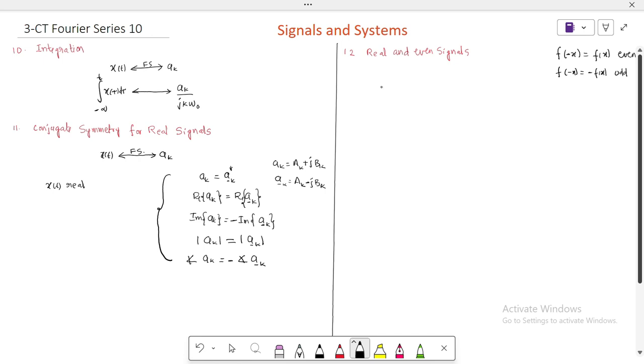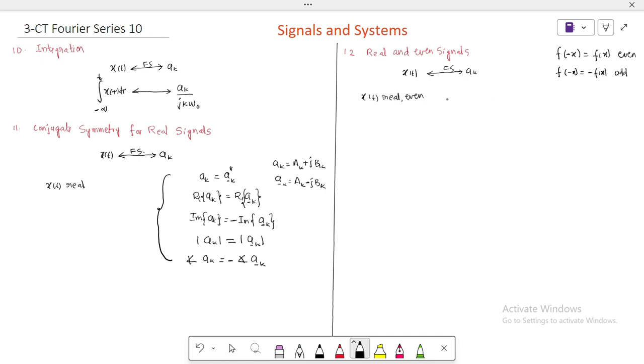Now our x of t is real and even, so ak is also real and even.